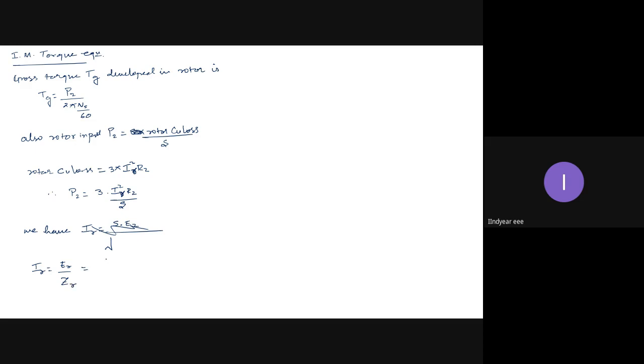So ER is S into E2, and ZR is under root R2 square plus S into X2 whole square, that is S X2 square.